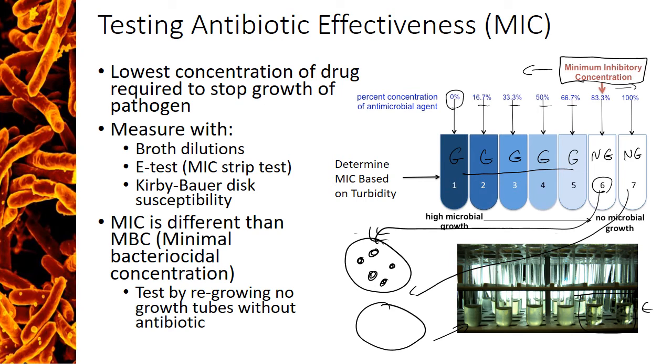If we took them out and put them on a plate with no antibiotic, now they can grow just fine. But tube 7, we saw no growth in, so that tells us tube 7 is the minimum bactericidal concentration, the amount that will kill the bacteria. But tube 6 is just the MIC, and it's inhibiting the growth.